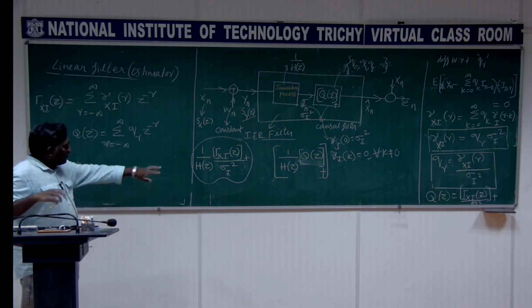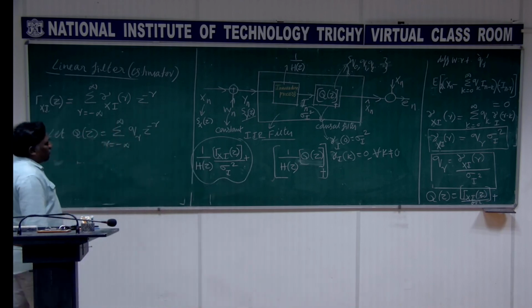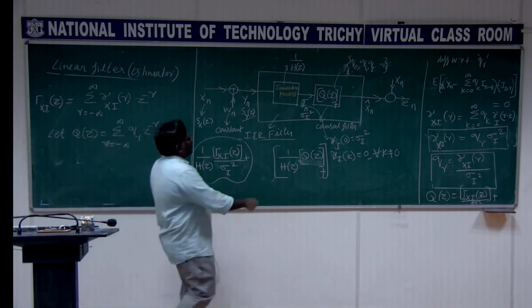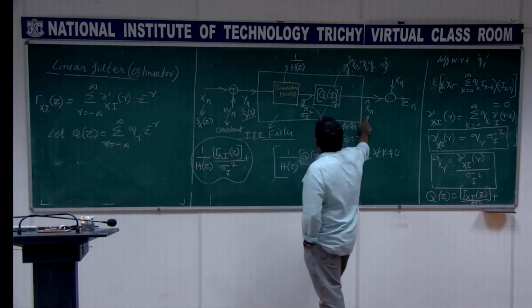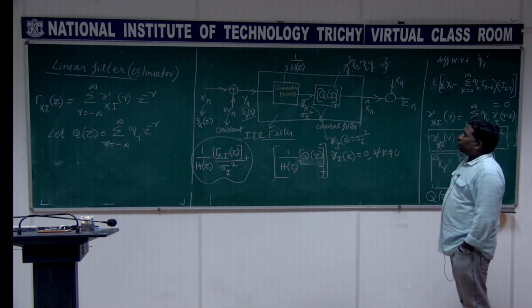I mean, I want to find q of z in another form also, instead of having gamma xi of z, because we know the result relating the output xn cap and the input.